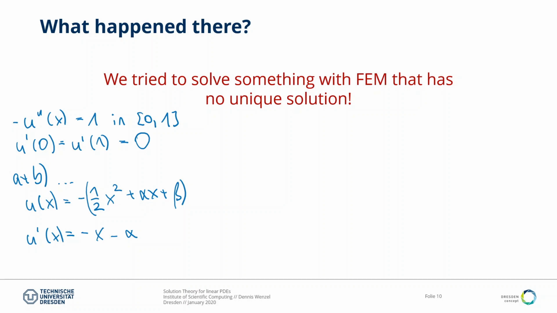And already here you can see why we have a huge problem. This derivative of u has exactly one thing that we can freely choose, and that is the value of alpha. But we want this to fulfill boundary conditions on both sides.